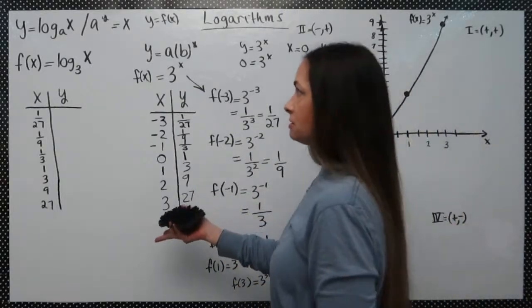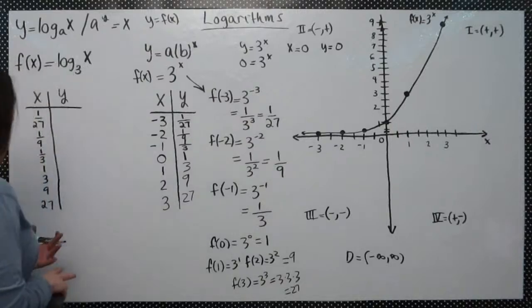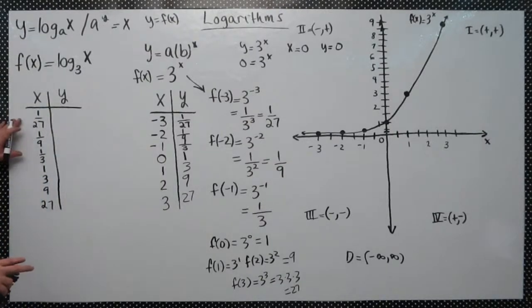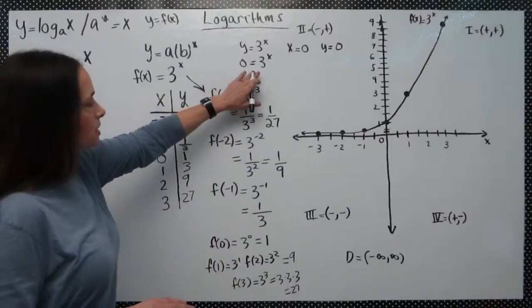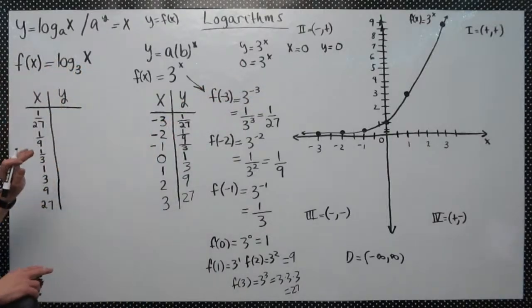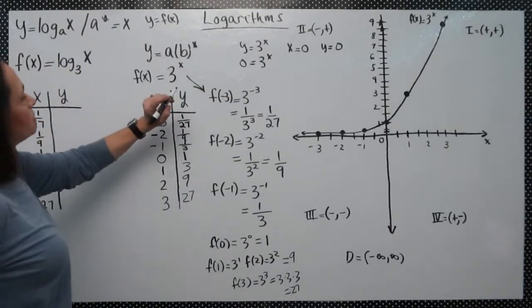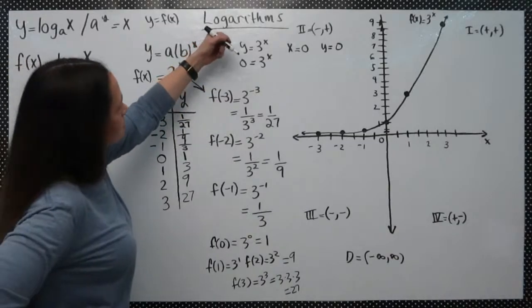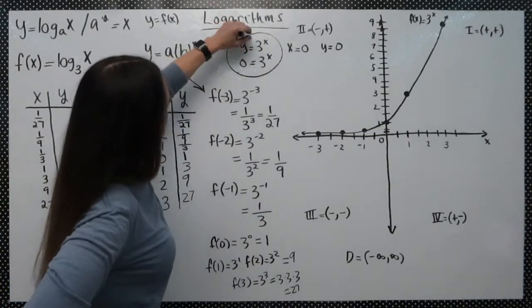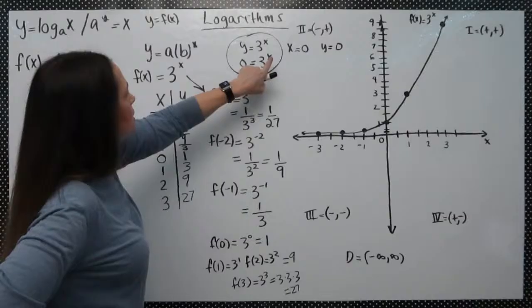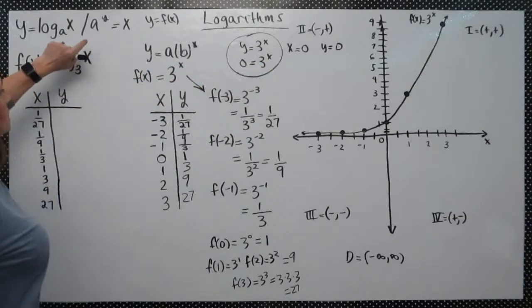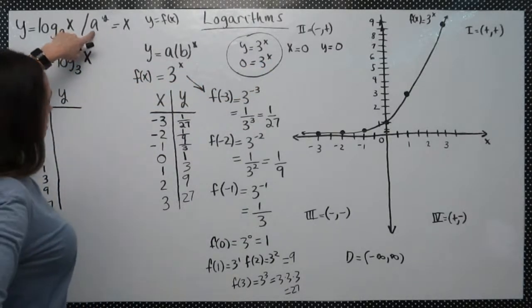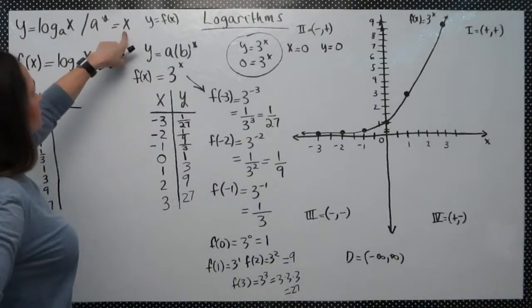That matters, and that is a good segue into the logarithm, and the reason why you're only going to have positive values in your domain. You have 0 equals 3 to the x, and here you have 3 to the x equals 0.